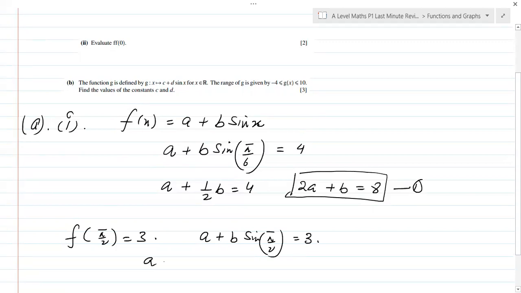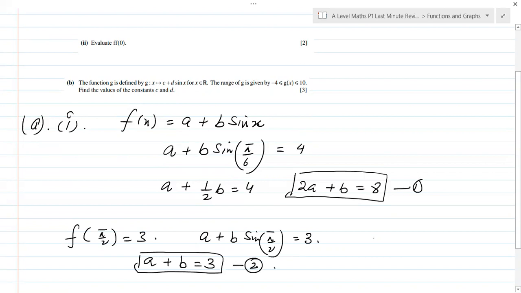Now sine pi by 2 is just 1, because that's sine 90. So that's a plus b is equal to 3. That's the second equation that we get from here.